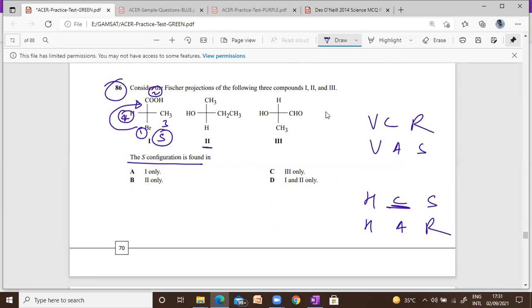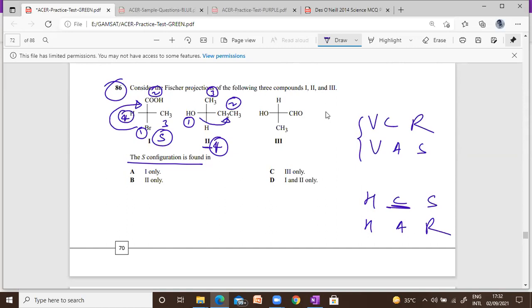Now, second. You can see your lowest is attached on the vertical axis. So vertical we will use, and that is going 1 to 2 by anticlockwise. We can cross the fourth priority.